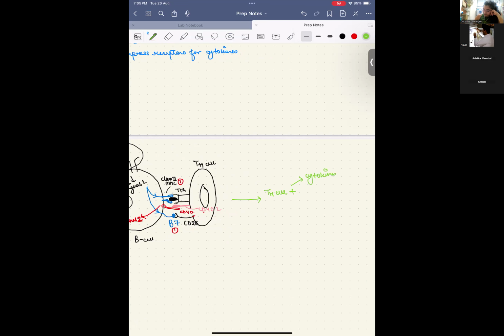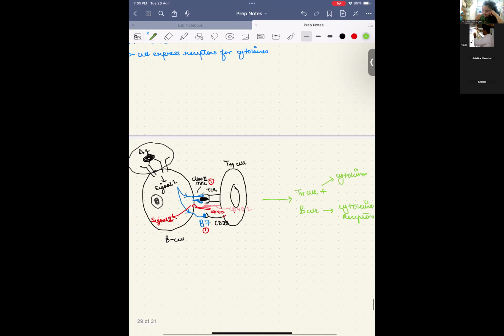This also signals the B cell to produce cytokine receptors. So this sends back cytokines when this interaction comes in, and this expresses the cytokine receptors now, which can be bound by the cytokine produced from the T helper cell.